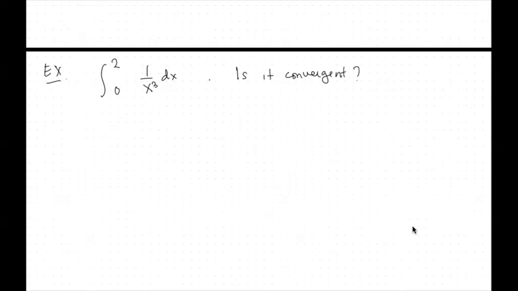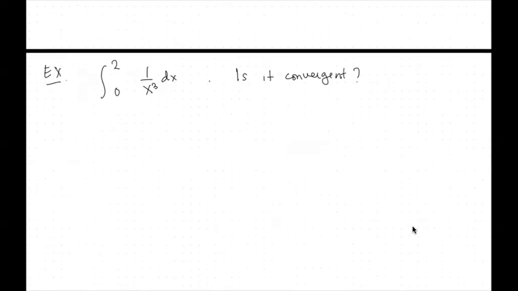We know that if we get 0 in the denominator, we have 1 over x raised to 3, so it's not just the ordinary definite integral. So the first thing to do is to find the indefinite integral.